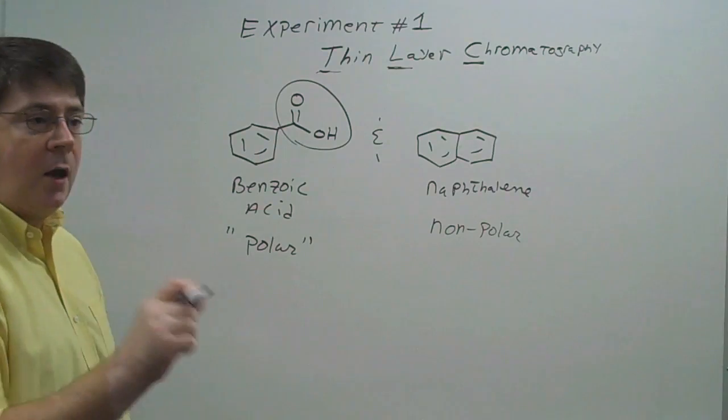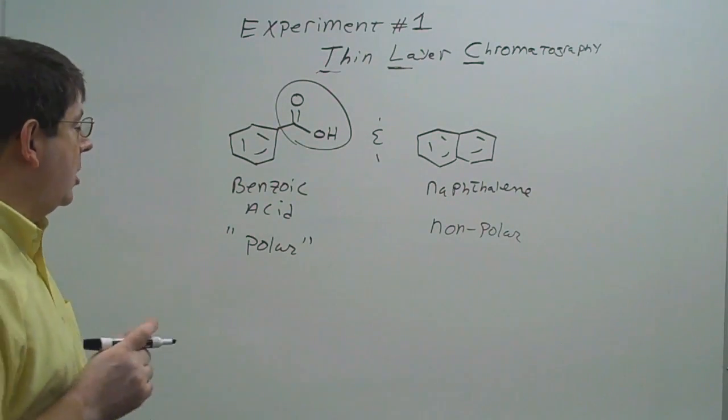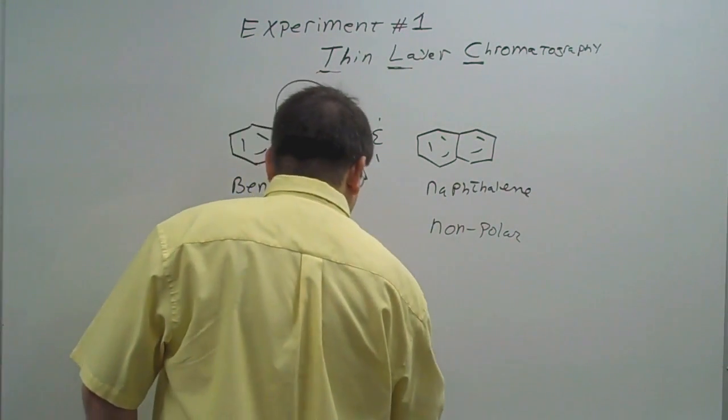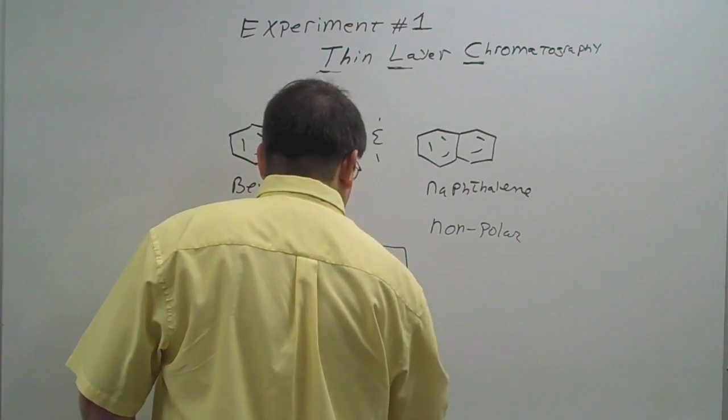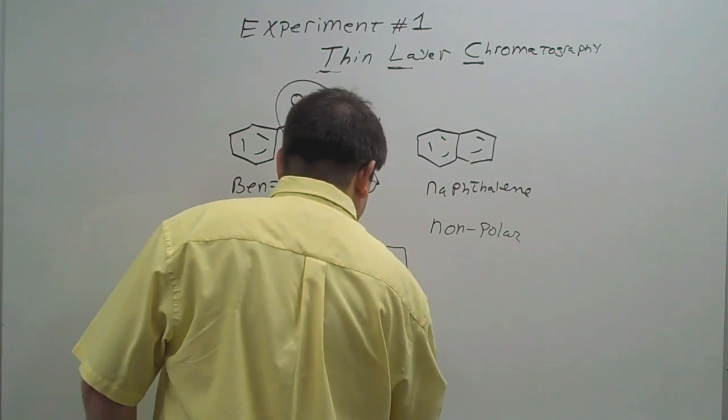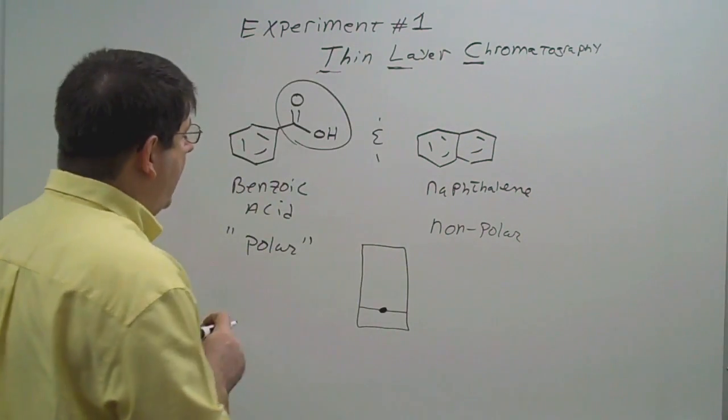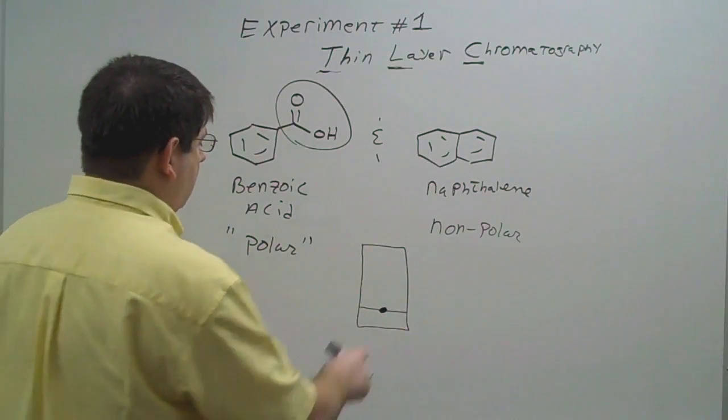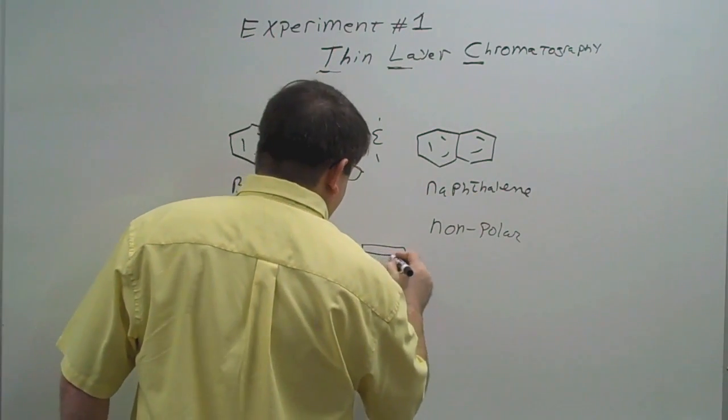Okay? And so we take our mixture, we're going to spot this onto our TLC slide. Here's our origin. We're going to run that in our solvent. We're going to let the solvent move up.